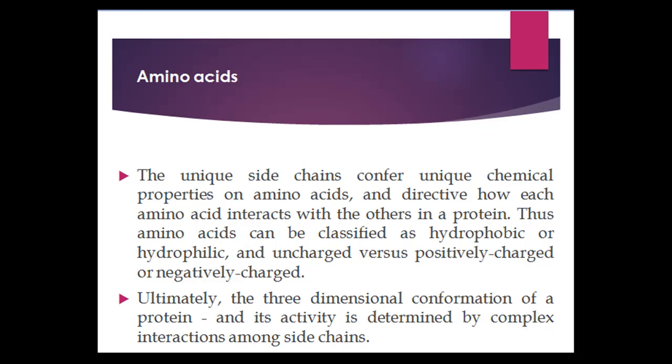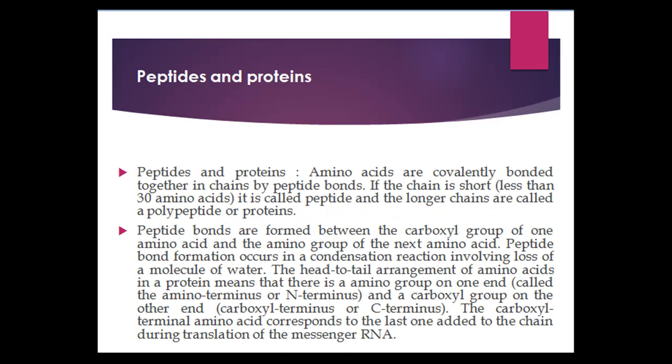Next, what are peptides? Amino acids are covalently bonded together in chains by peptide bonds. If the chain is short, meaning less than 30 amino acids, it is called a peptide, and the longer chains are called polypeptides or proteins.